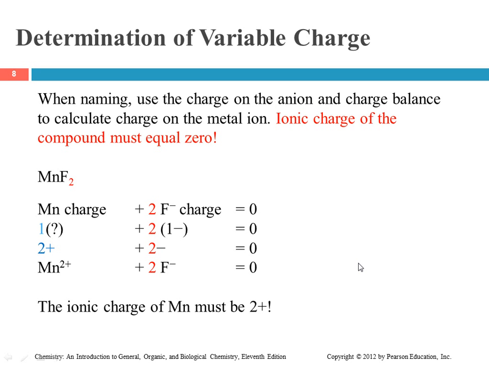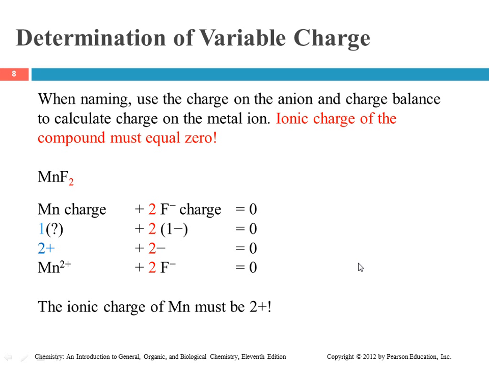However, in our formula, we have 1 manganese atom, so we bring that down here, but we do not know the charge. So we set this equal to 0. We're going to have 1 times x, plus 2 times -1, has to equal 0. That's the key.